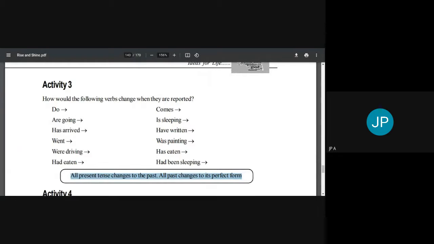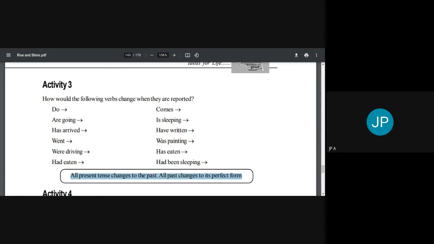So I cannot do anything with the tense, but I can change the pronoun. So I will become she, but I will keep the tense the same, because past perfect will remain the same even in indirect speech. So it will be rewritten as Shima said that she had slept.